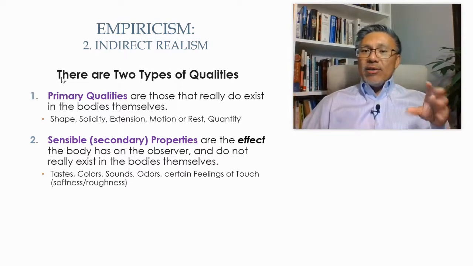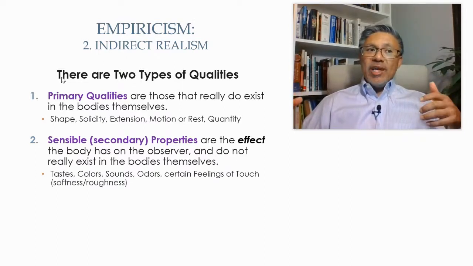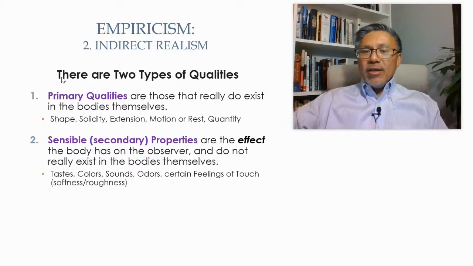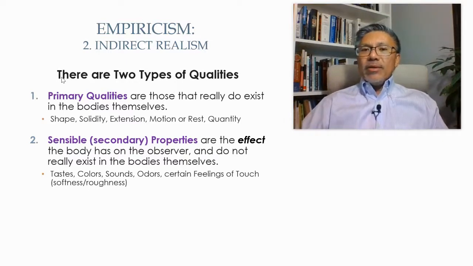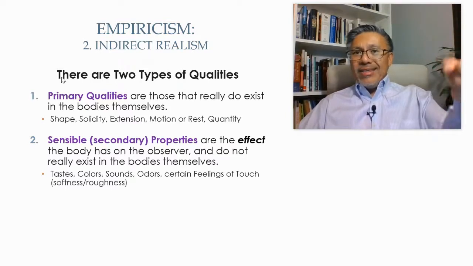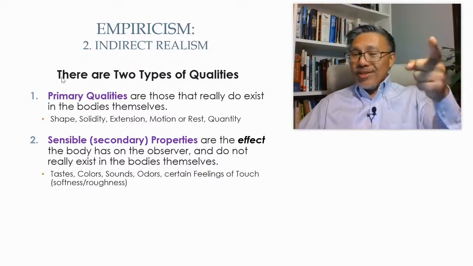So when we get into arguments with other people because they said one thing, we thought they said another thing, I mean, that's how we hear it. That's a sensible property. If we take a look at different cars and we said, no, no, no, I wanted the gray one. Why'd you get the light blue one? Right? That disagreement isn't because the grayness or the blueness is within the car.